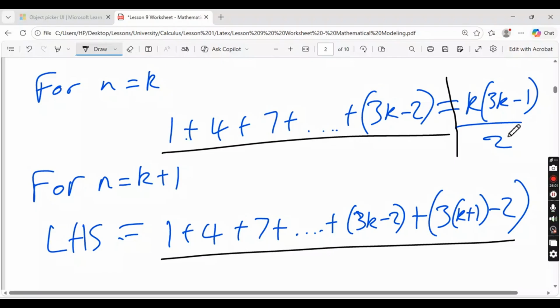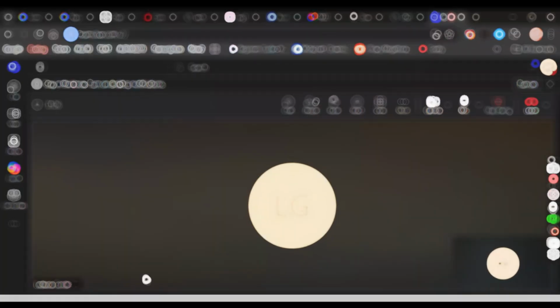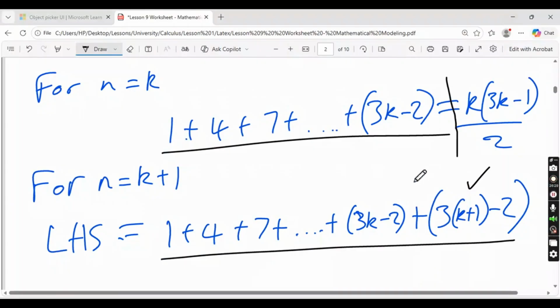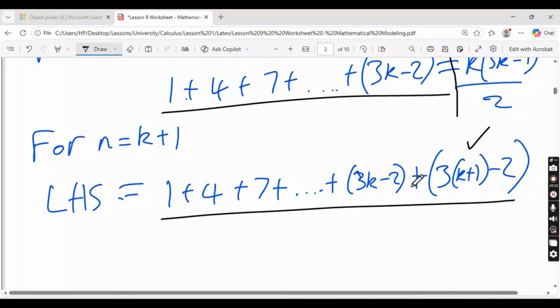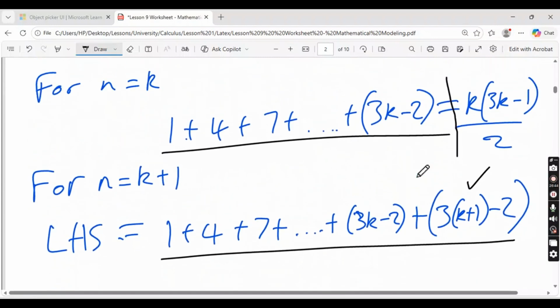We added 1, 2, 3k minus. So you are talking about this term. Oh, sorry, I didn't realize. I was saying that yes, we added 1 to the 3k minus 2, so that makes it different.